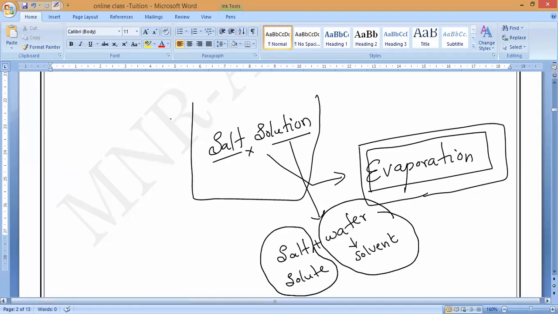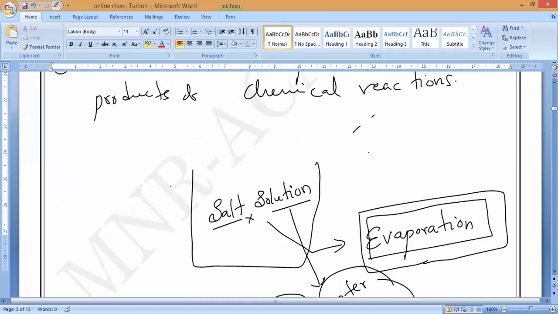By evaporation, we can obtain only the salt from the salt water mixture, but the water cannot be recovered. Where will it be lost? The water will evaporate and mix into the air, the atmosphere. So we cannot get the water in evaporation.